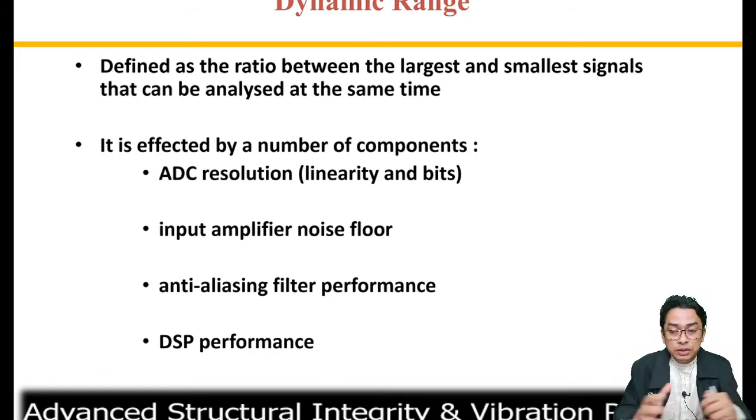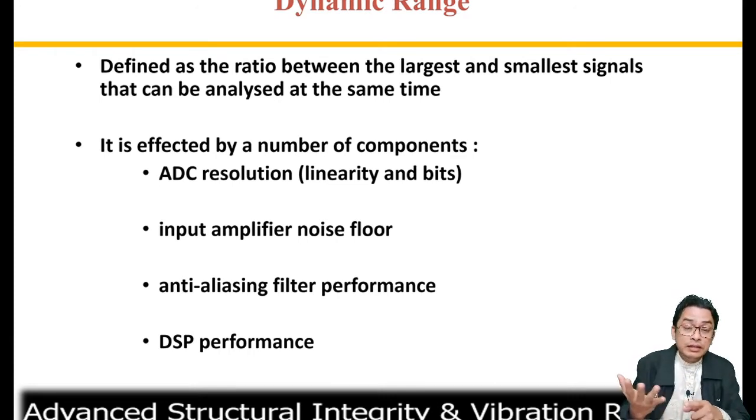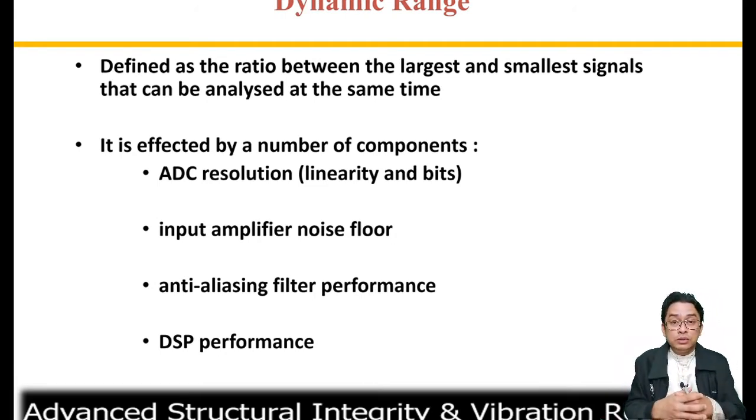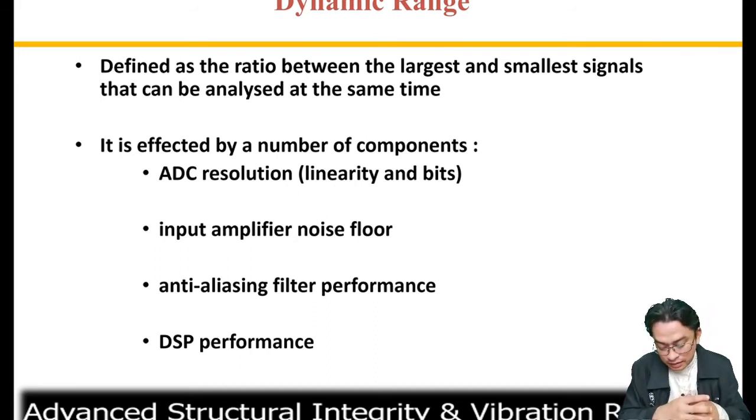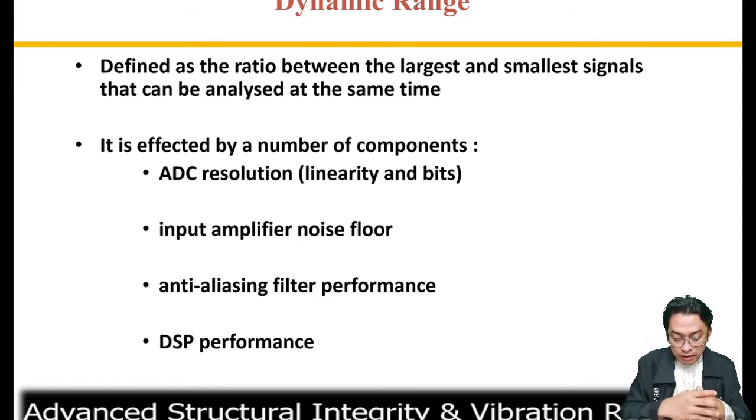But it is actually affected by a few things. First is the analog to digital resolution and linearity, the bits that I have been talking about just now. Then the amplifier, so that we can either suppress the noise or increase the SNR, the signal to noise ratio. Also the performance of the anti-aliasing, how we choose the low pass filter for the anti-aliasing, and the digital signal processing performance.